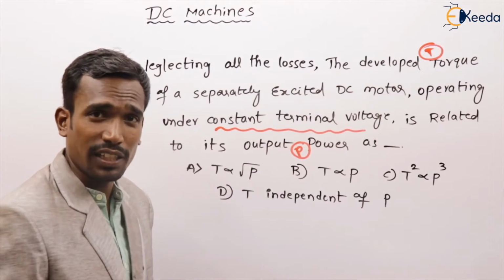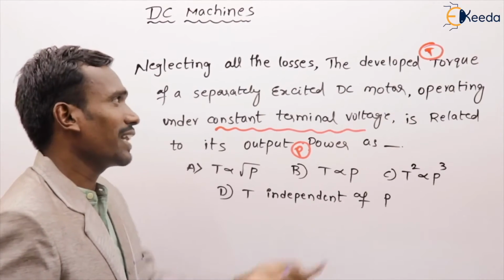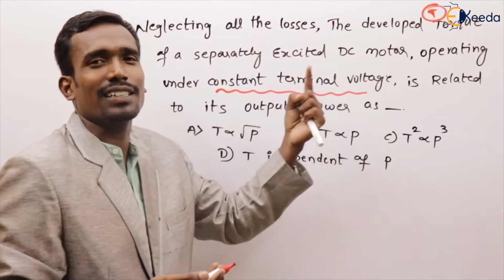What is the relation between the developed torque and the power under constant terminal voltage?